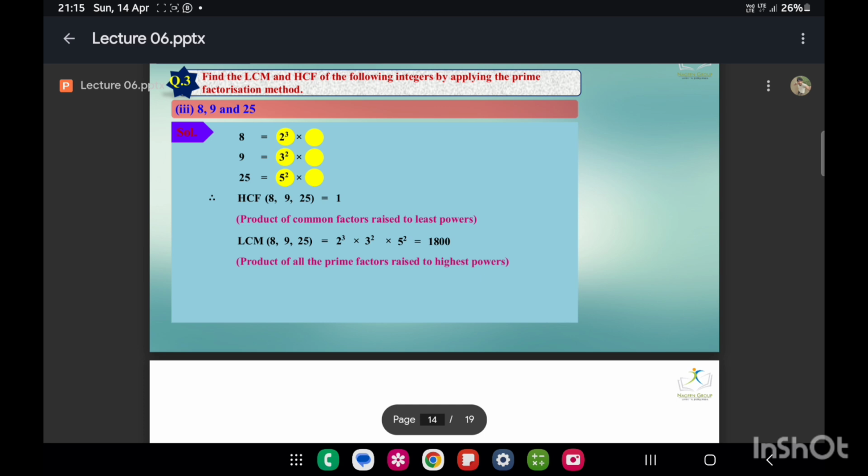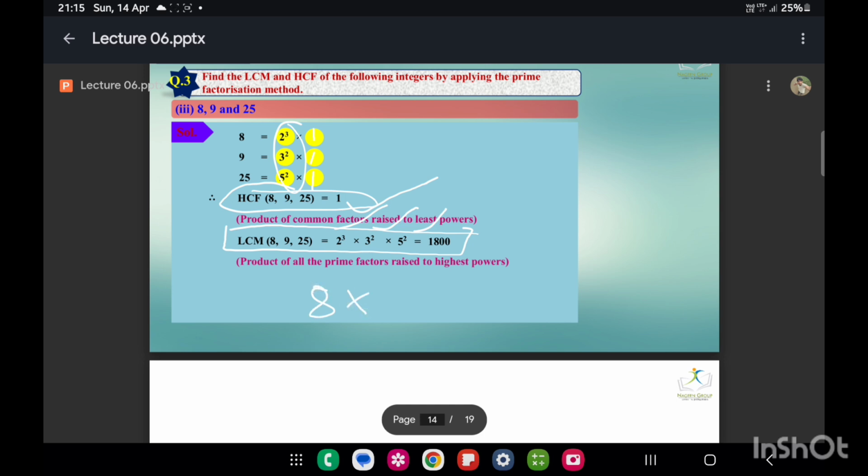So the HCF of 8, 9, 25: all of them have only 1. So the HCF is 1, and the LCM is 2 power 3, 3 power 2 and 5 power 2. These are all the numbers we have to write. Then 2 power 3 is 2 twos are 4, 4 twos are 8.